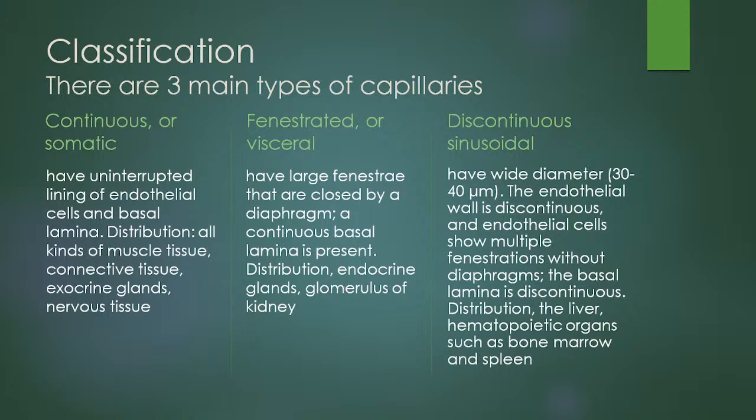And capillaries have special classification according to the structure of their walls. Classification of capillaries. There are three main types of capillaries. The first one is continuous or somatic.